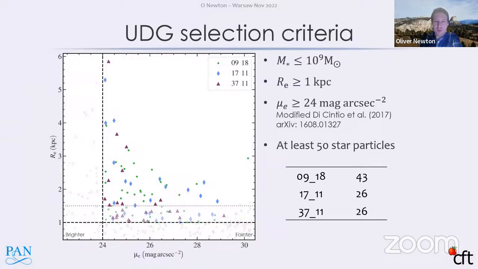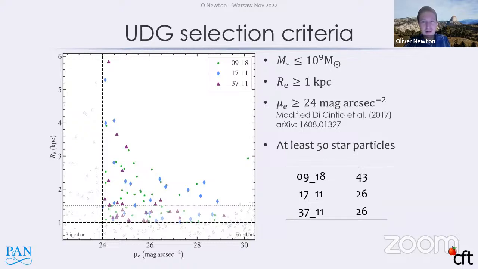So in HESTIA, we use a modified set of selection criteria that are in the literature from 2017. Basically, we want galaxies that have stellar masses less than about 10^9 solar masses, effective radii, half-light radii greater than 1 kiloparsec, and a surface brightness that is fainter than 24 magnitude per square arc second.